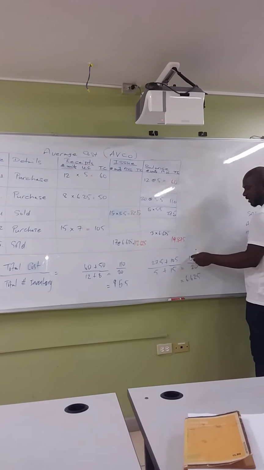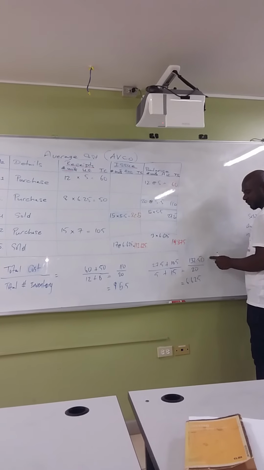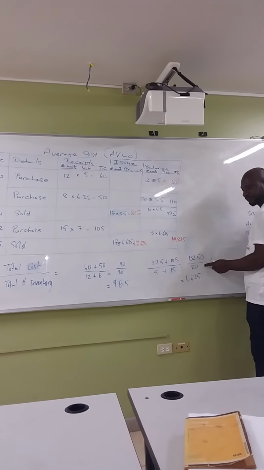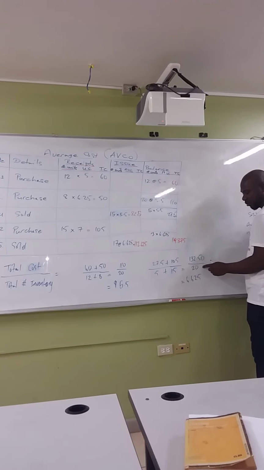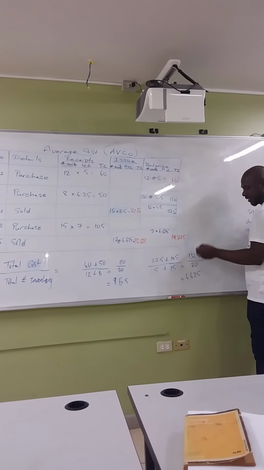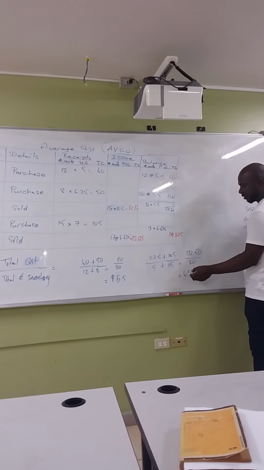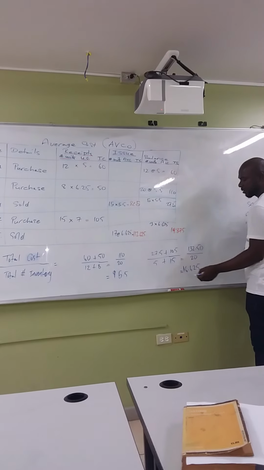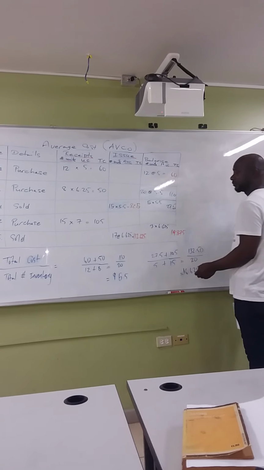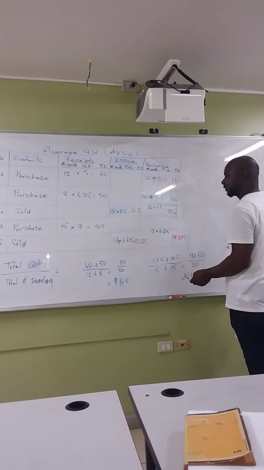So therefore we're going to have 132.5 divided by 20. Total cost divided by total number of units. And when you divide that, you get $6.625.